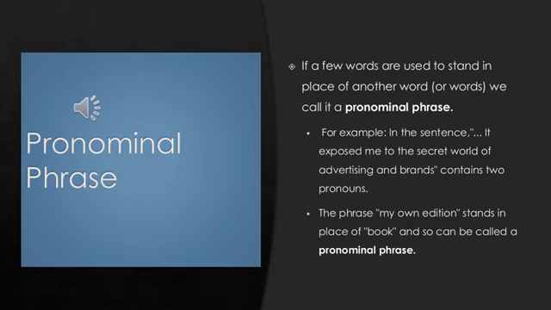But then if I said, "I have my own edition," my own edition is in place of the book. Okay, so that is why it's a pronoun. It replaces a common noun's name. And it's got more than one word, so that is what makes it a phrase.